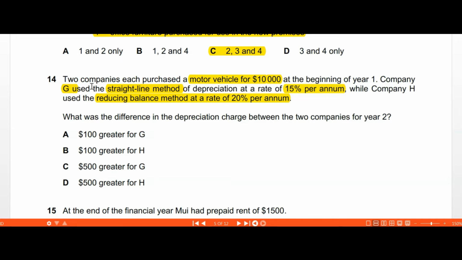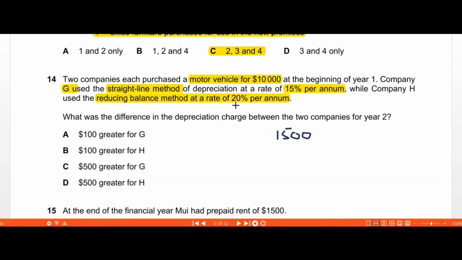Okay, so they both purchased the same motor vehicle for 10,000, so the cost is the same. Now we do know that under the straight line method we are reducing the same amount every year. So if we are taking out 15% of 10,000, that gives us an amount of 1500.